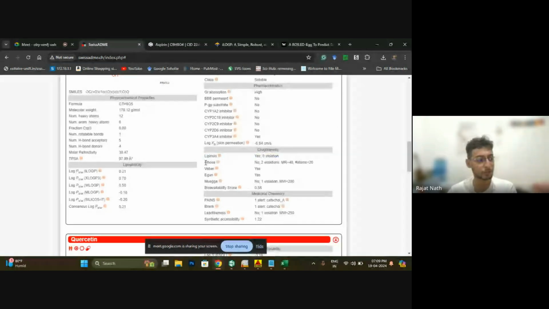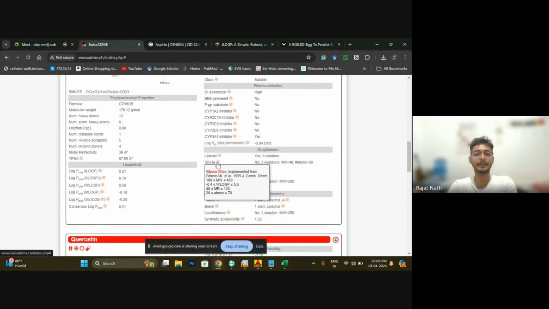There is another drug likeness rule known as Ghose. The Ghose rule says that the molecular weight should be greater than or equal to 160 and less than or equal to 480, and the WLogP should be between 0.4 and 5.6.